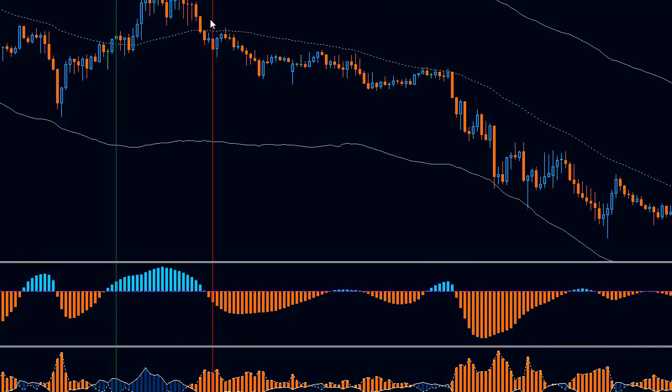Now, you could, of course, exit a trade earlier if you wanted to. If the trade is taking a while to play out and you're in profit, reduce your stop down to the entry point. Try and at least lock in your profits.